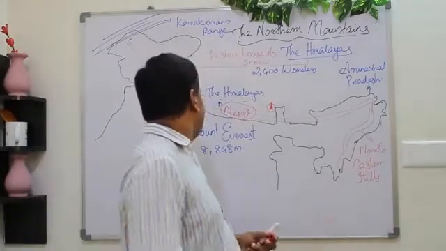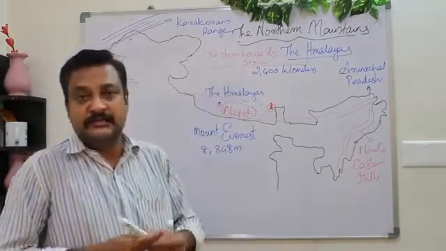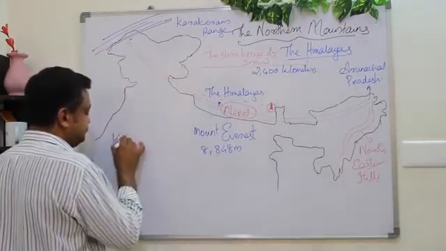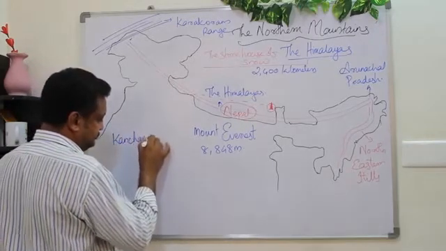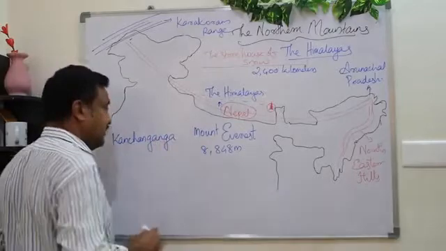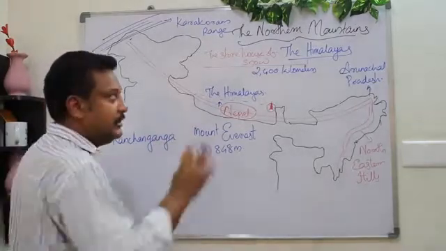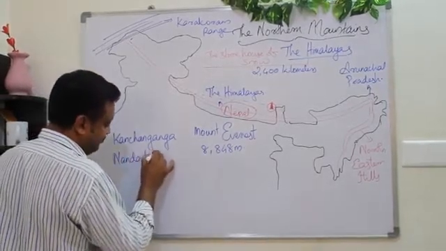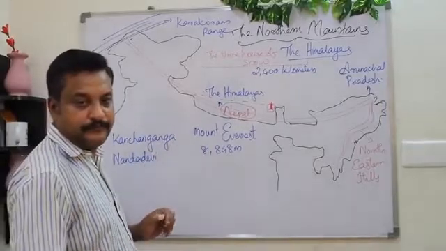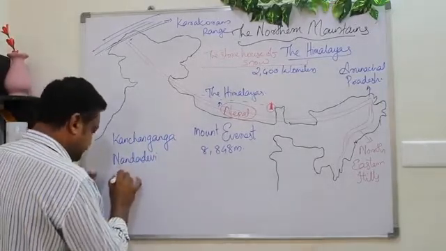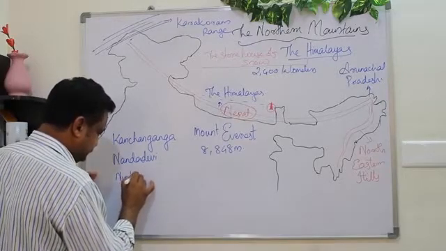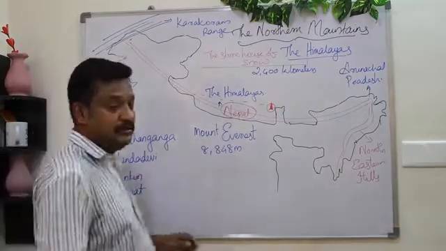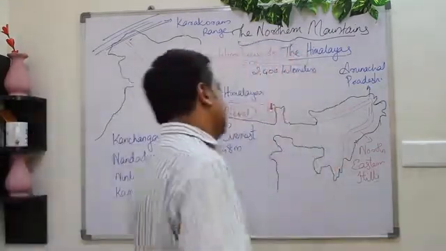Okay, there are some other highest peaks also here in the Himalayan range, like we have Kanchenjunga. Okay, Kanchenjunga is another highest peak. Then we have Nanda Devi, Nankan, Kamat, and Nanga Parvat also.